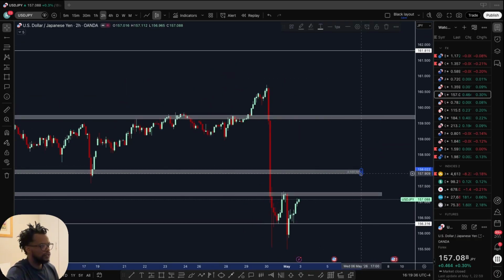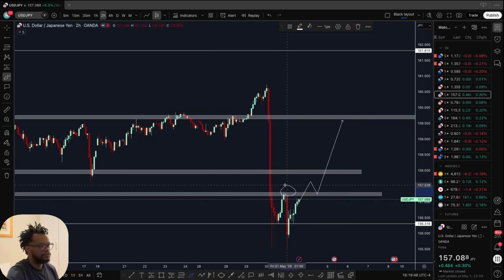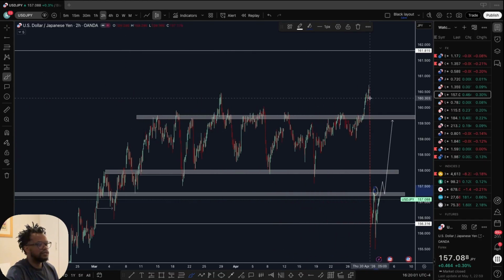So if I am going to buy this, I would love to see a bit of a break and retest here, and then maybe trade it into filling out these gaps, because you can clearly see this will be our break of structure, and then we get a retest at the zone, and then we can trade it into these levels, because this is the range that price has been stuck in for a long time. That's why it's so weak, because it's not dropping as it should be.